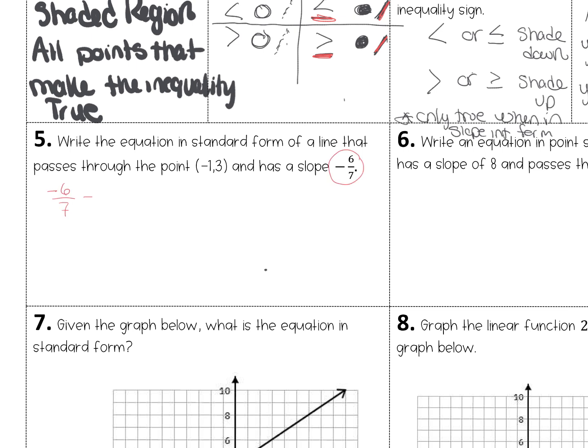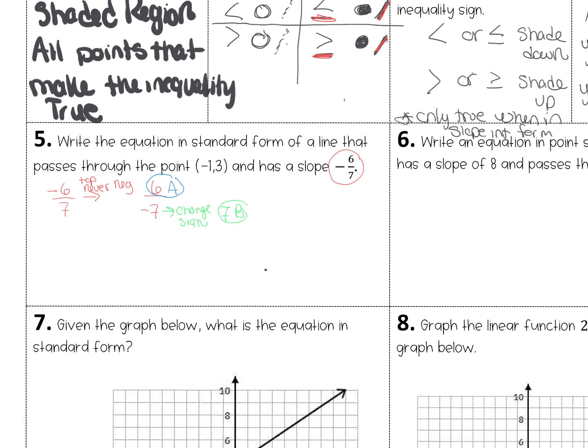The top can't be negative, so that makes it become a 6 over -7. Exact same thing. One's negative, one's not. The top always becomes your A. On the bottom, you have to change the sign, which makes the 7, and that's your B value.